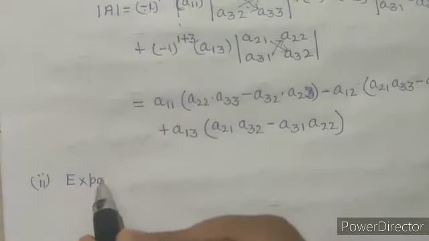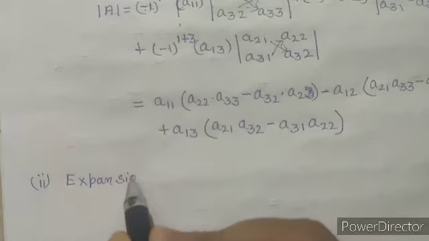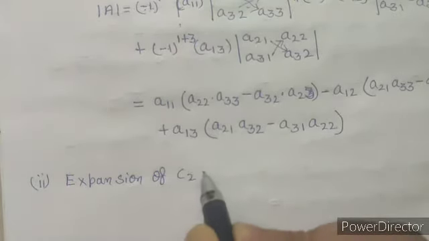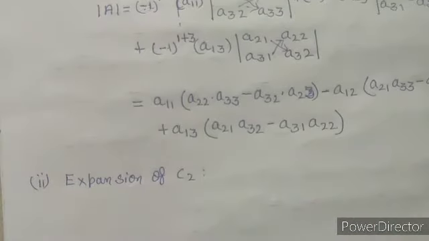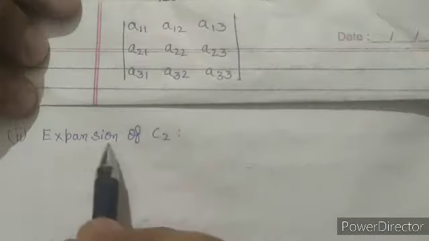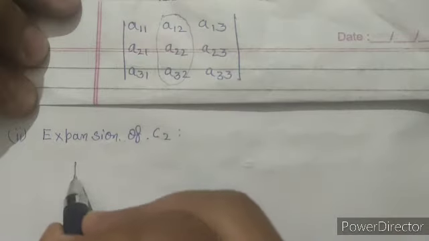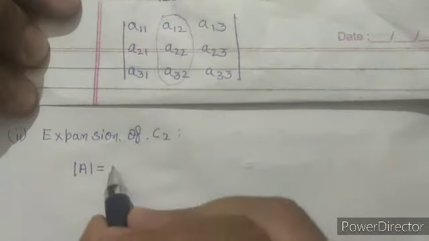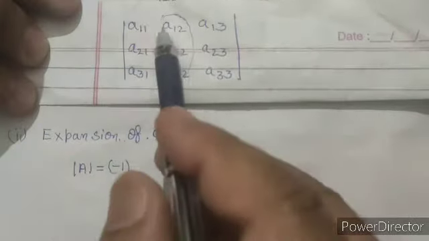Expansion of column 2. Now if we want to expand column 2, on expanding column 2 of a matrix, now this one was column 2, so its first determinant of A will be equal to -1, and we are taking the element A12.